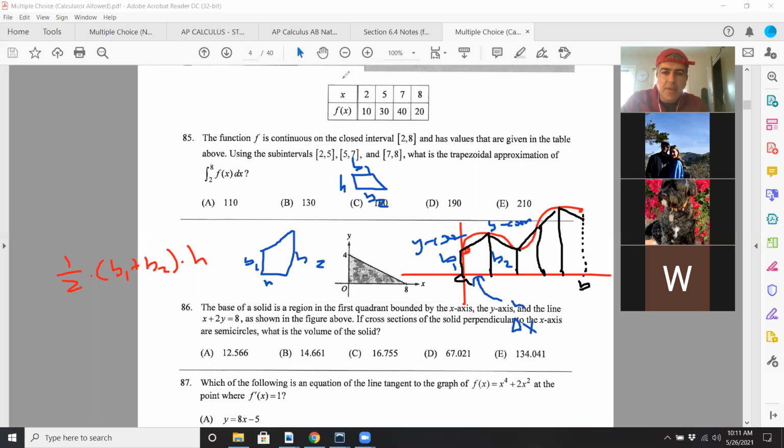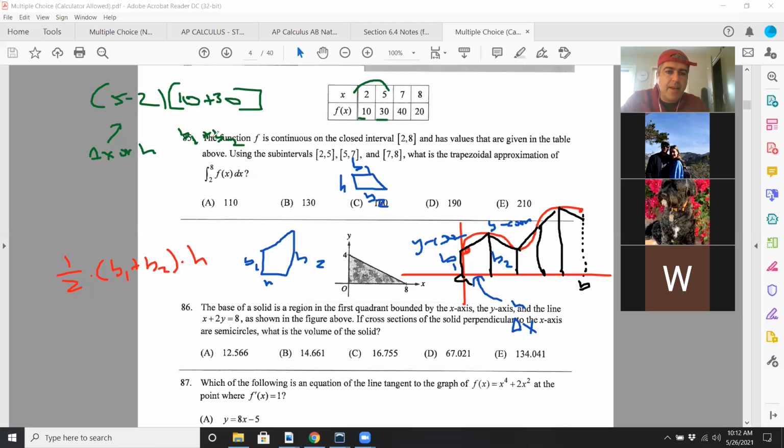So for this particular table, I find the width, which is my delta X, or my height, and then 10 plus 30. That's my B1 plus B2, which is really f of a plus f of whatever.